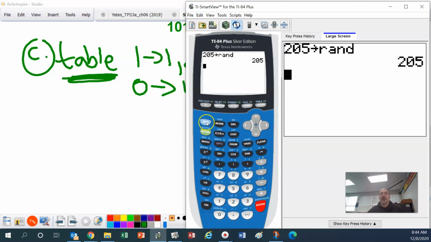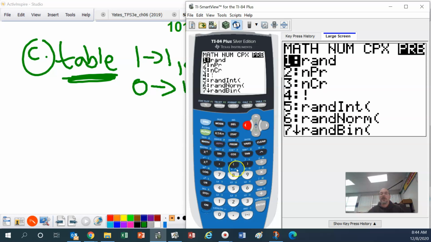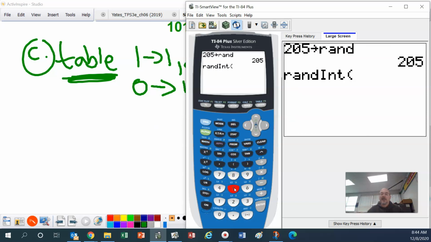Now I'm going to go back to probability. Pick number 5. Now, since I'm using the calculator, folks, I'm just going to use 1, 10, comma. Now I have to play this one game at a time. One game at a time, which is 2 spins. So 2.